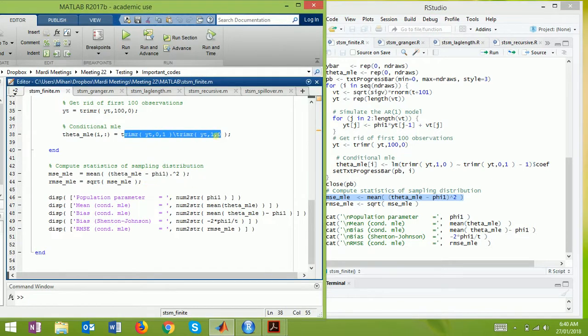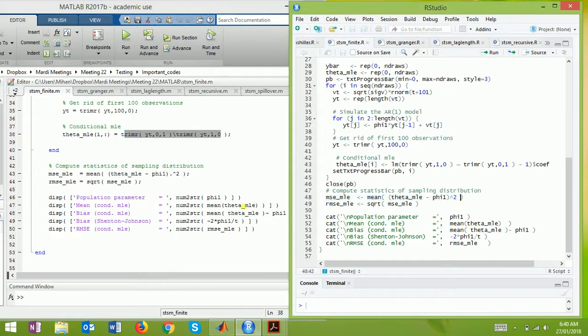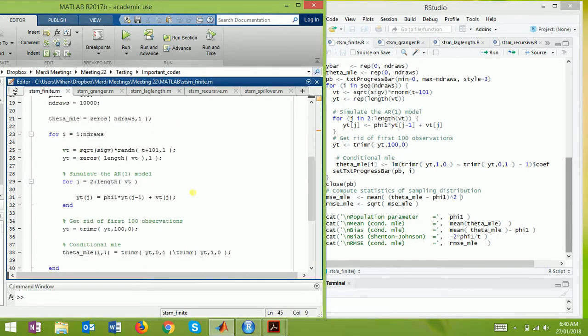And this is a simple regression, because yt is regressed on yt minus 1. Very simple OLS regression.